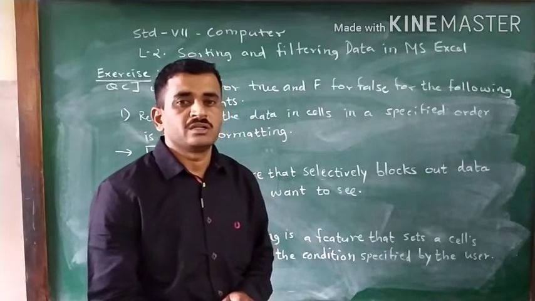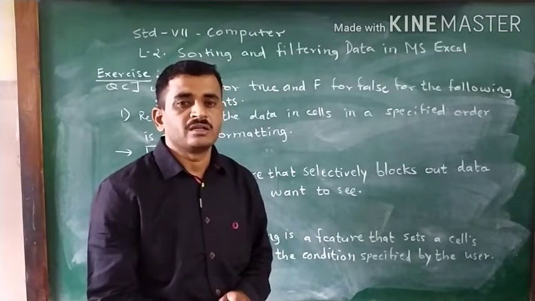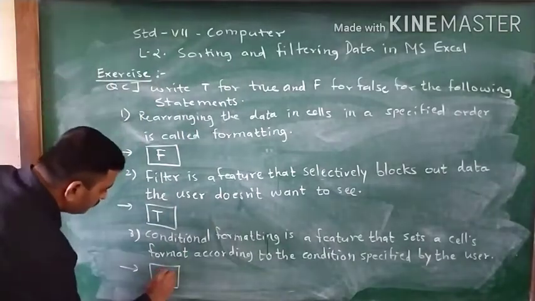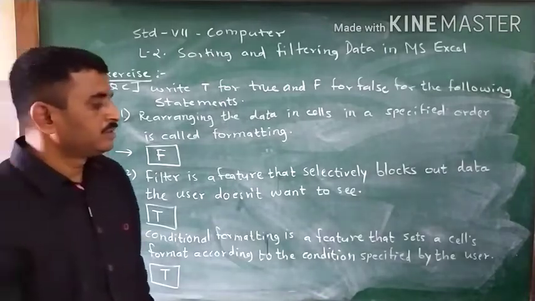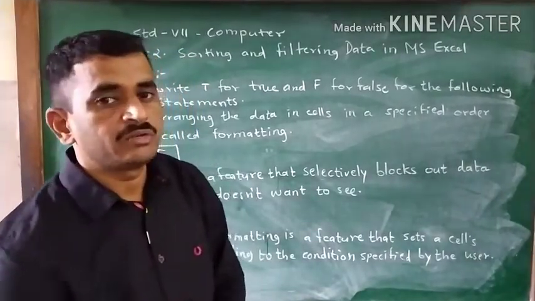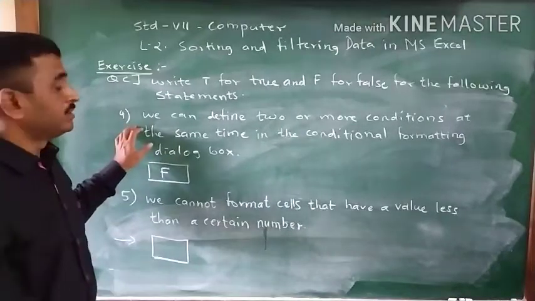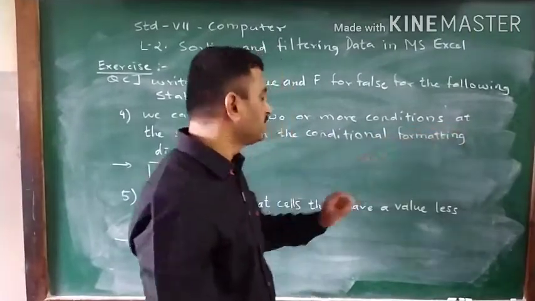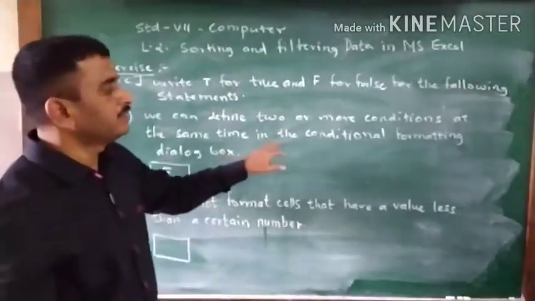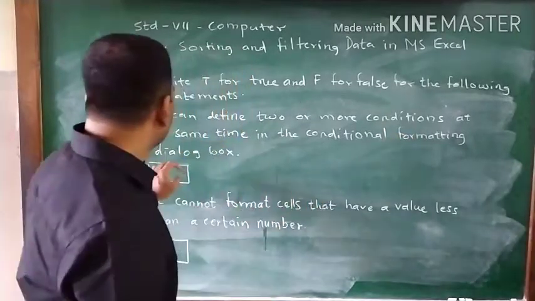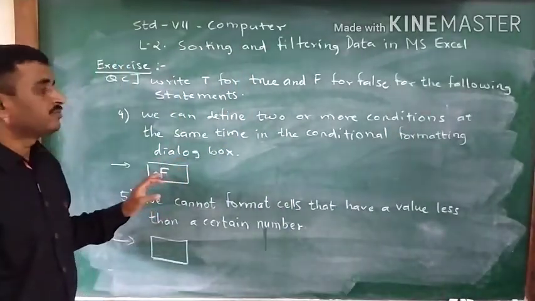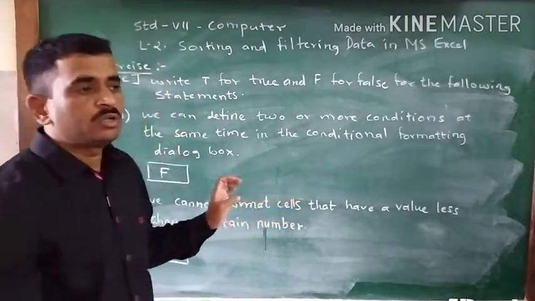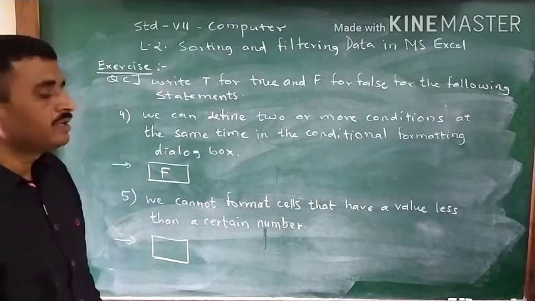Those having less than 35 will get the red color. So this one is true. Now we are going to see the fourth and fifth one. The fourth statement is: we can define two or more conditions at the same time in the conditional formatting dialog box. So it is false, we cannot specify two or more conditions at a time. Only one condition we can specify in a dialog box.